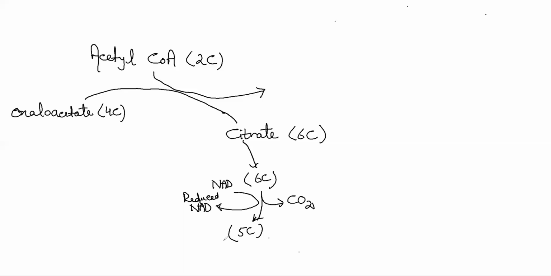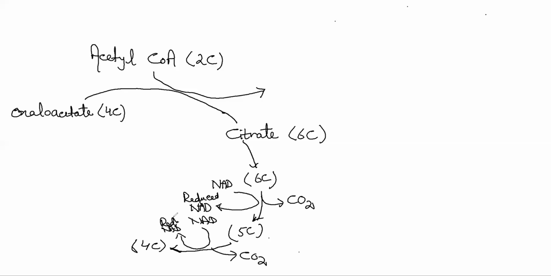Now this 5 carbon compound further gets decarboxylated. When we say decarboxylated, again there is a removal of carbon dioxide, and the resulting compound is 4 carbon, right? And once again here dehydrogenation takes place, and once again NAD gets reduced. I'm just going to write down its short form because of the shortage of space.